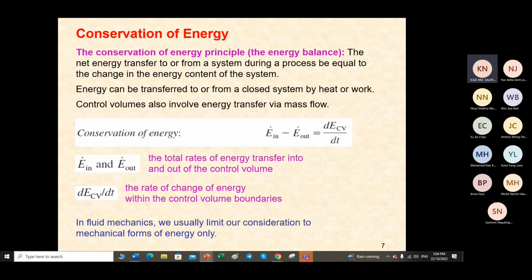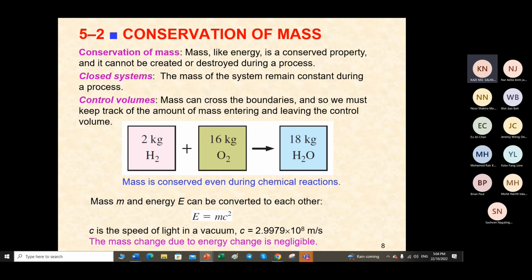So we move on further to the conservation of energy. We say that E_in minus E_out in the control volume, the energy in minus energy out from the control volume, is equal to dE_CV by dt, the rate of change of the energy in the control volume. With it, we go on further.